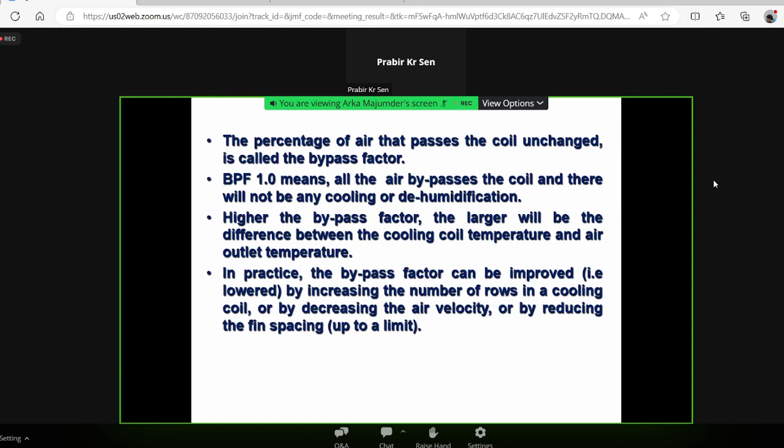Next. There is another term which we call the contact factor, which is 1 minus bypass factor. If bypass factor is 0.12, then contact factor is 0.88, 1 minus 0.12. That means 88% of the air will have proper contact with the cooling coil cold surface.